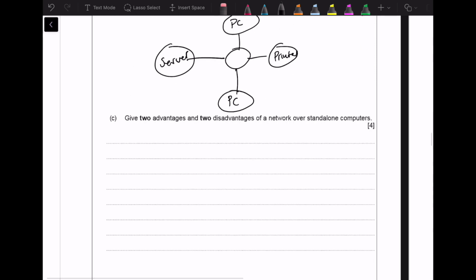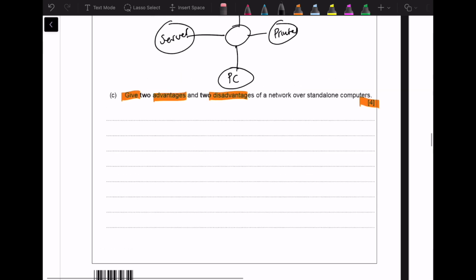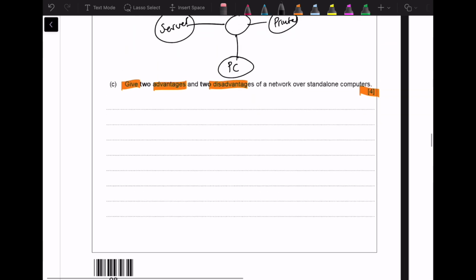Give 2 advantages and disadvantages of a network. Right, okay, so these are important. And so with 4 marks, the trigger with this is it says give. So we don't need to sort of go into too much detail with this. But in the exam, if they give you a lot of lines, please just explain them.